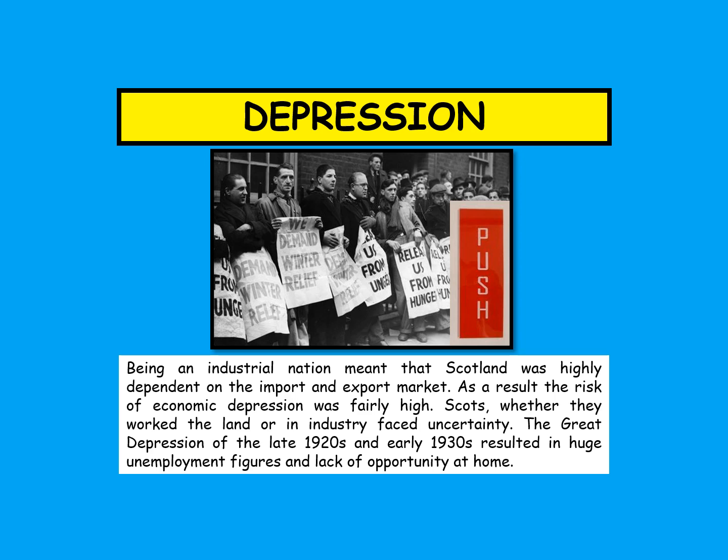And when the economic depression actually hit, the results in Scotland were really quite high. So there was uncertainty whether or not factories could stay open, or whether or not there would be enough money for things like that. And during the late 1920s and early 1930s, there was huge unemployment and just a general lack of opportunity back in Scotland, which meant that people tended to want to go someplace else, so it pushed them out of Scotland to travel somewhere else.